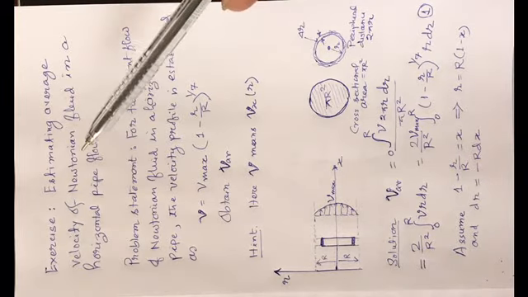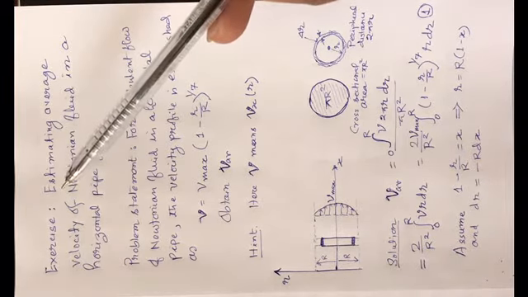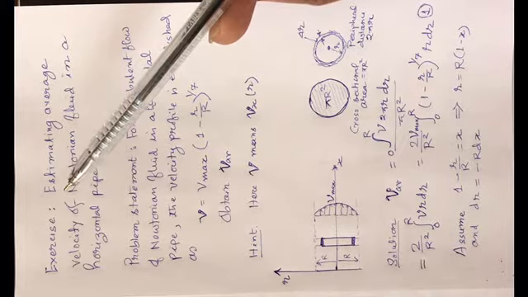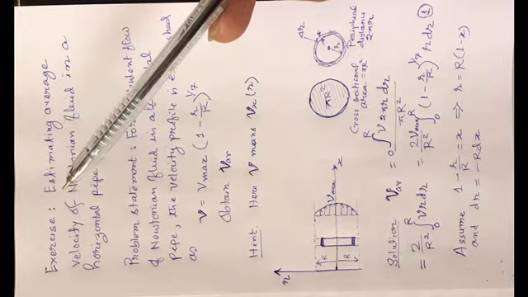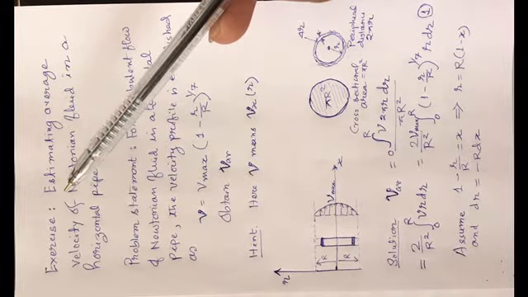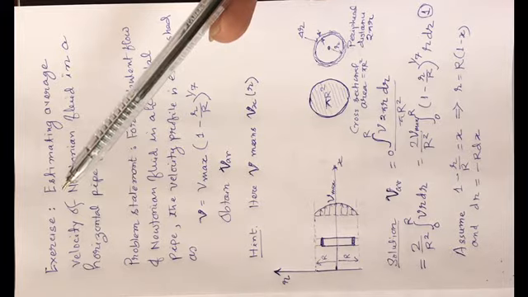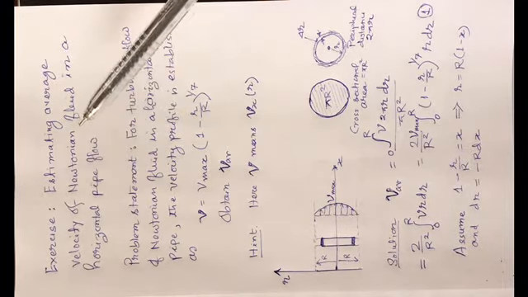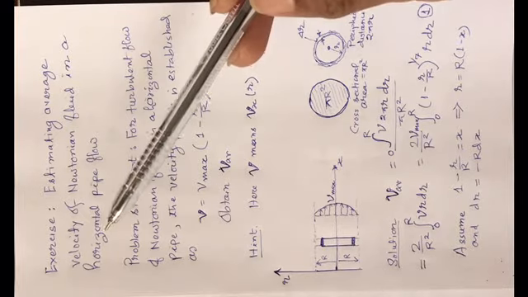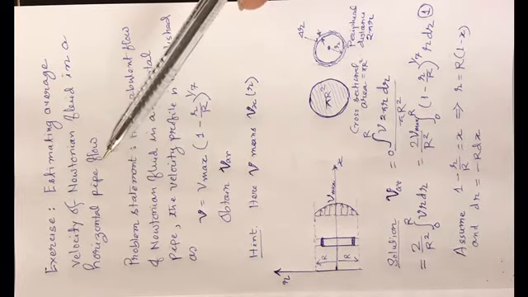Good morning. So today we will be discussing one exercise given in the textbook. The learning outcome of this exercise is to estimate the average velocity of a Newtonian fluid in a horizontal pipe flow.